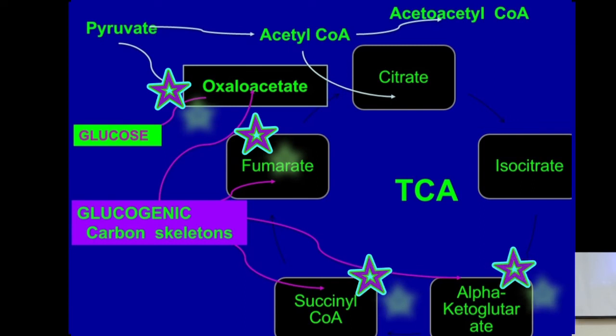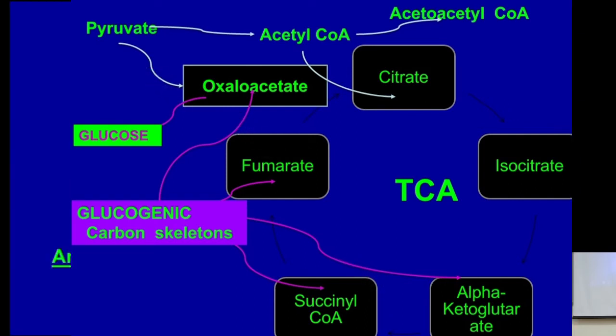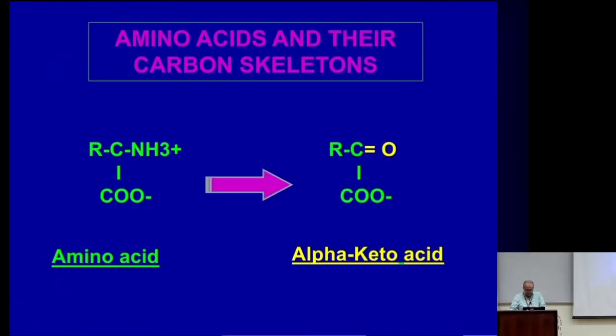So any amino acids that give you any of those four intermediates in the TCA cycle become glucogenic. Okay? Because they all end up at oxaloacetate. Oxaloacetate can go back to glucose. So that's really the concept, an important concept to understand. And we'll get back to it in a little bit.